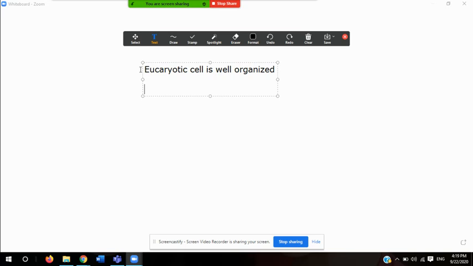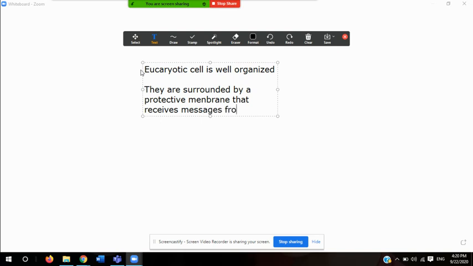And two important things to mention about the eukaryotic cell is that number one, they are surrounded by a protective membrane that receives messages from other cells.